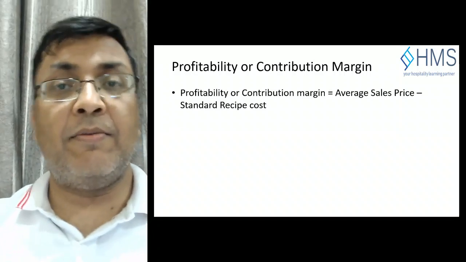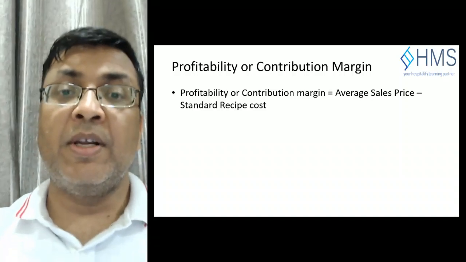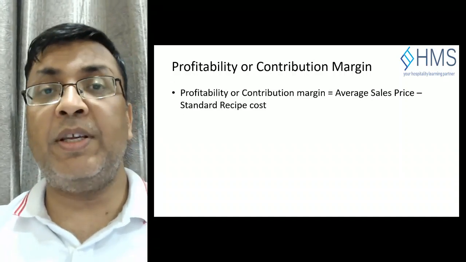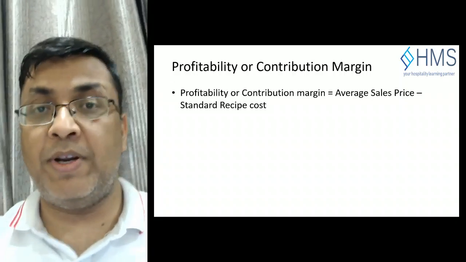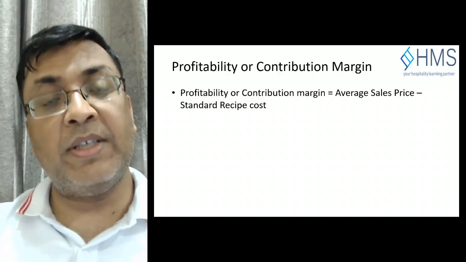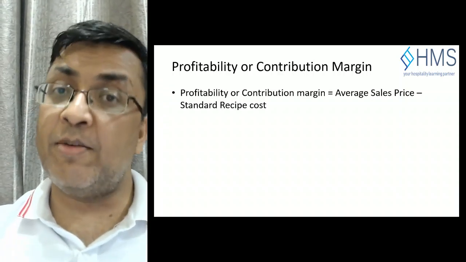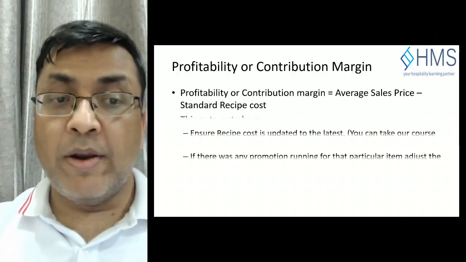This number needs to be compared with the average profitability per item to understand which item is giving us the higher profit and which item is giving us the lower profit.